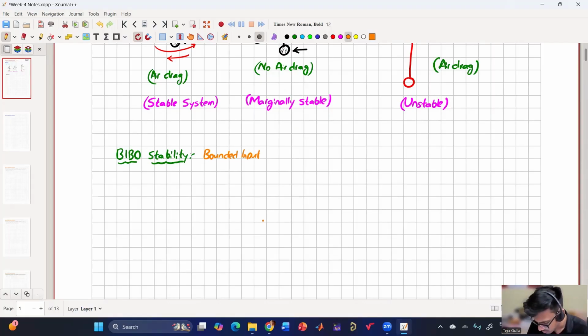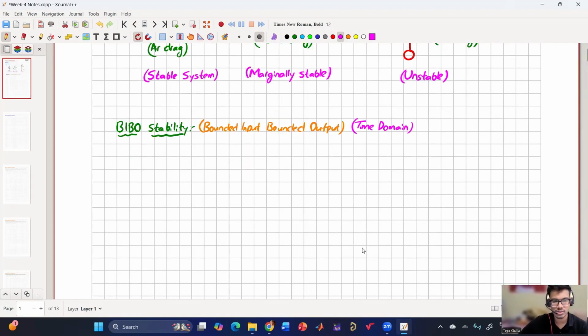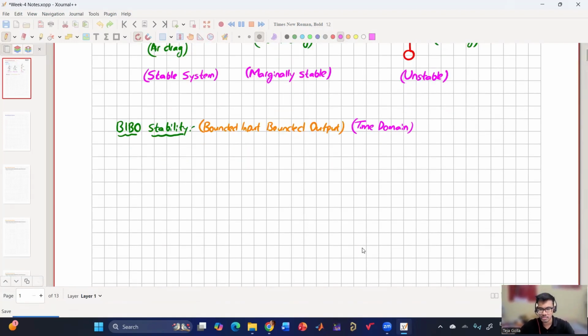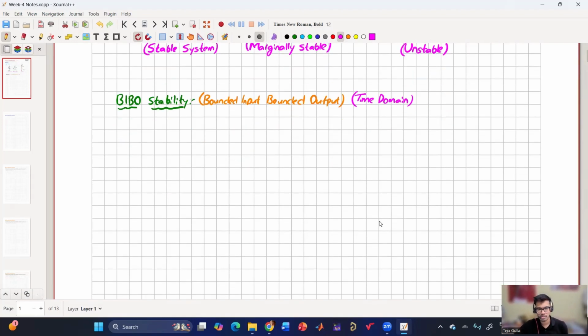But if the input is bounded and the output goes unbounded, then it is not BIBO stable. Again, this is in the time domain. We'll be discussing both the time domain as well as the frequency domain. But as I have mentioned in the earlier classes, the frequency domain will be easier to understand regarding stability, because the S domain will make our life simpler. Eventually we'll go to the S domain, but we'll start with the time domain.